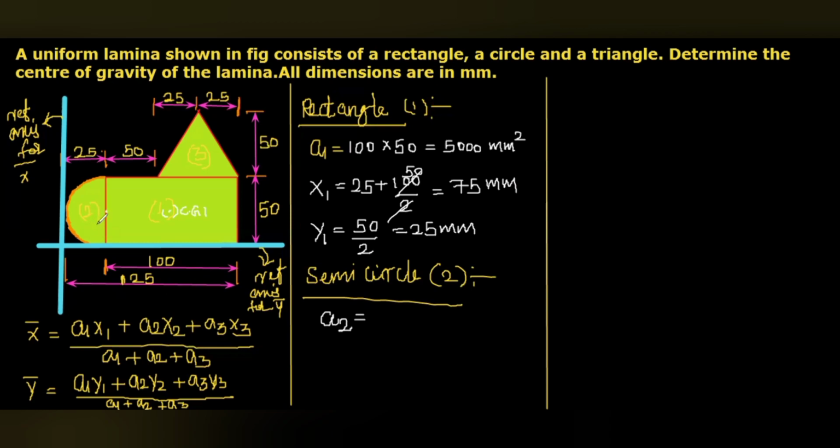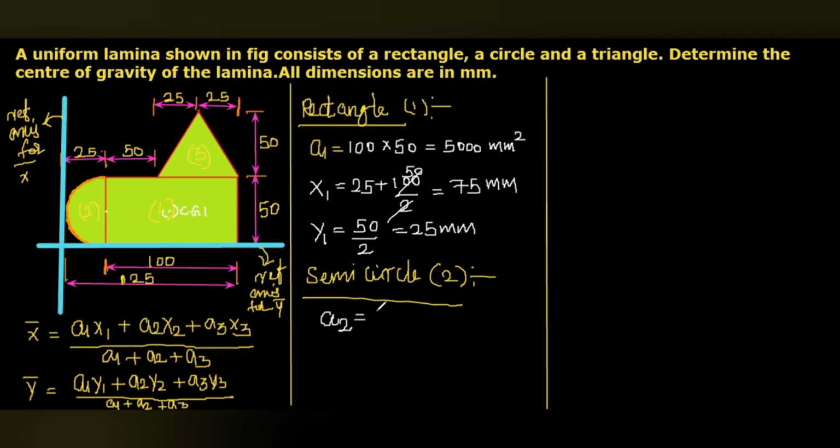So we will get pi by 2 r square. These things we have also discussed in the overview of center of gravity video. There you can check how to calculate the area of a semicircle, even quadrants, or any circular sector. For reference, just watch that video, the link to which is given in the description box of this video.